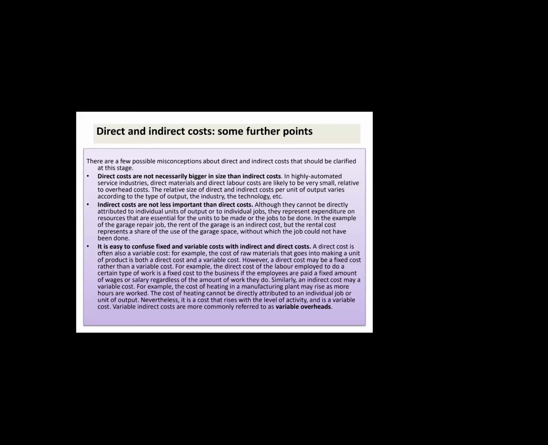And indirect costs are not less important than direct cost. Sometimes we may also have a misconception that overhead or indirect cost may not be required, that the company's product can be sold without overhead, or that indirect cost is negligible.